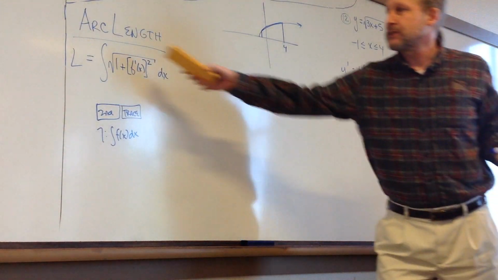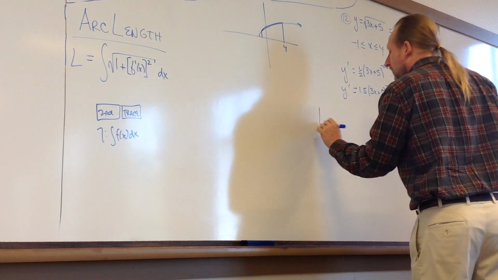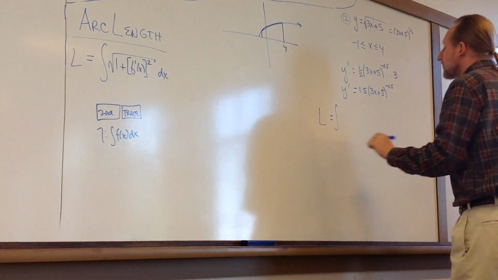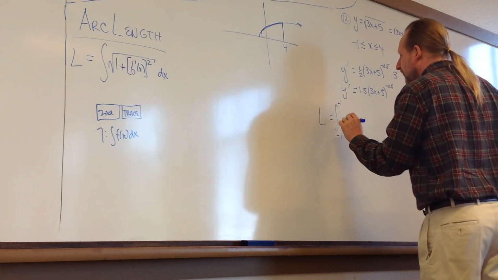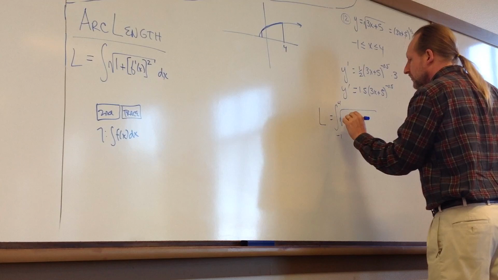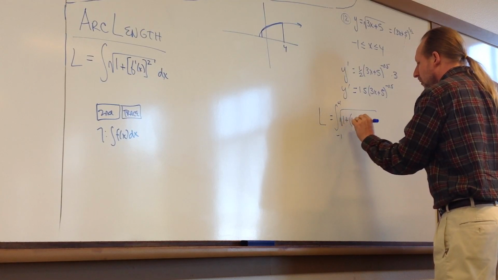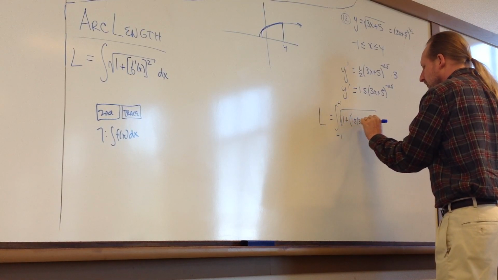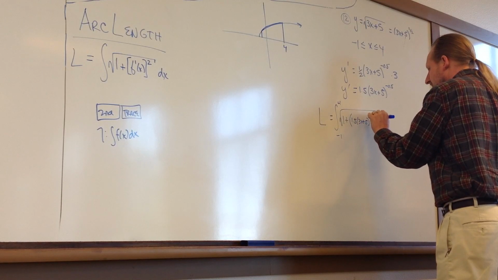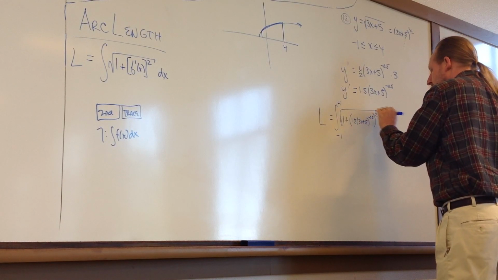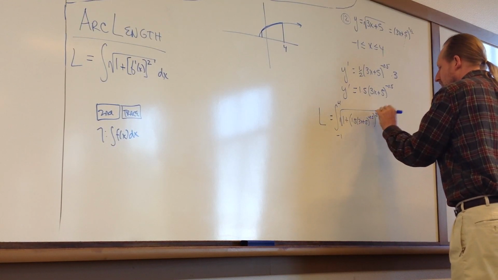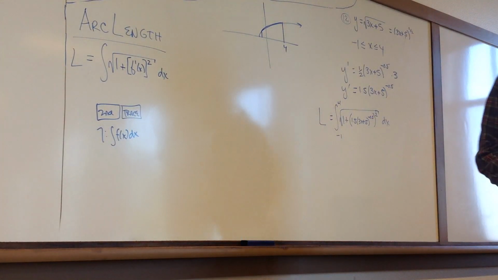So if we want to put this into that formula, our length then is going to be the integral from -1 up to 4 of the square root of 1 plus (1.5 times (3x plus 5) to the -0.5) all squared. And do be careful about how you're typing that in there.